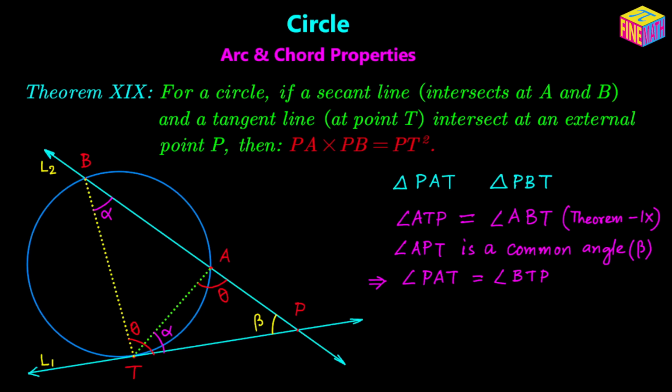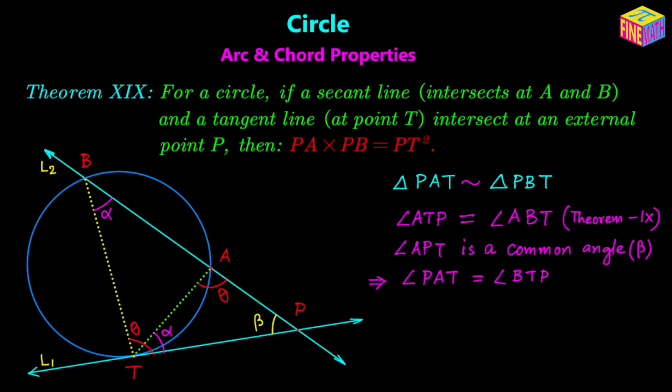Now we are able to prove that these two triangles have three pairs of interior angles equal to each other. That means these two triangles are similar triangles, and I have indicated that with the sign of similarity there. So triangle PAT is similar to triangle PBT.